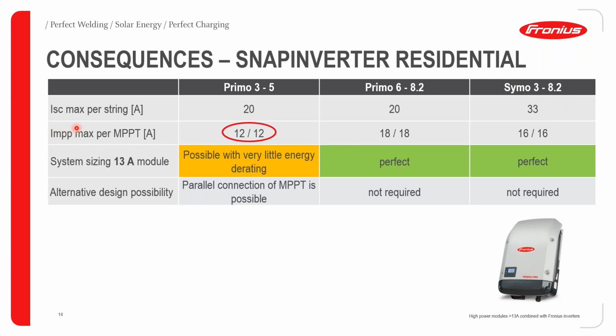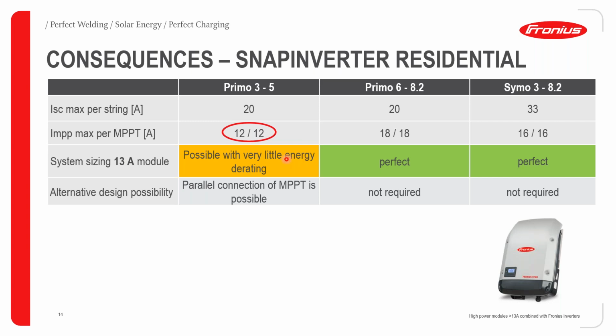The ISC max per string is as shown here: 20 amps for the Primo and 33 amps for the Symo. In terms of the current per MPPT, because all these inverters have 2 MPPTs, we can see that the Primo 3 to 5 has a lower current handling capacity per MPPT at 12 amps, and then the Primo 6 to 8 with 18 amps per MPPT, and then the Symo 3 to 8 also slightly lower at 16 amps per MPPT.